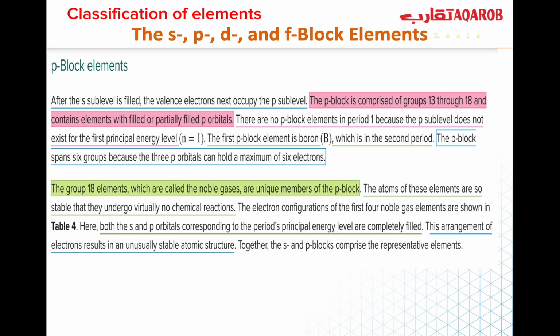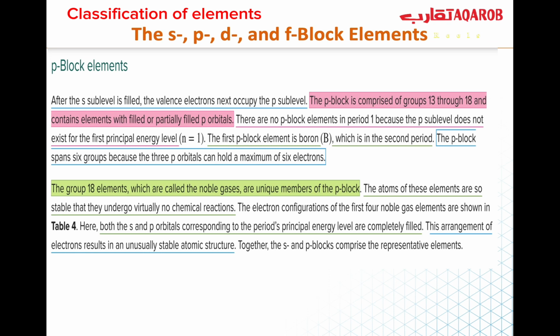That's why there are no P block elements in period 1. The first P block element is boron, which is in the second period. So the P sublevel starts from the second period.